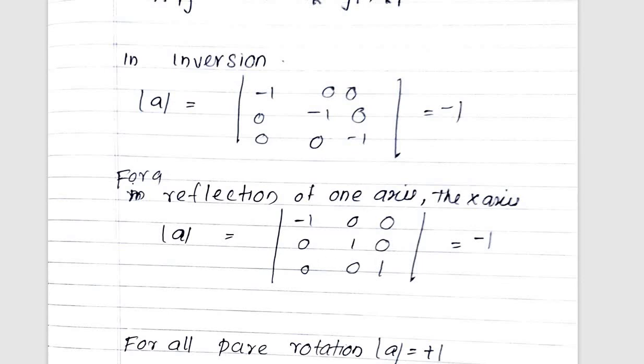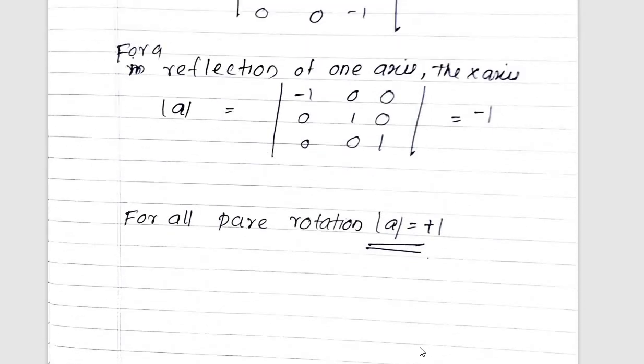Here we are taking reflection in the x-axis, whereas normally we discussed reflection in the y-axis, and its value is minus 1. In the case of pure rotation, the determinant value becomes plus 1, so we get the normal transformation equation for rotation. So that is about pseudo vectors, tensors, and scalars.